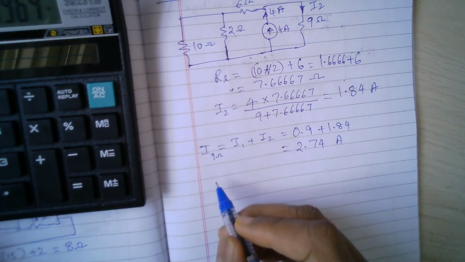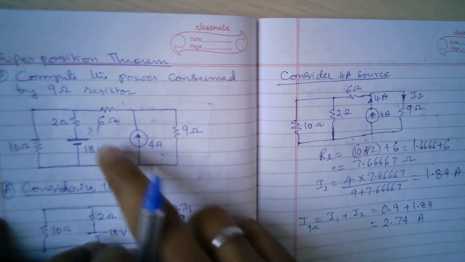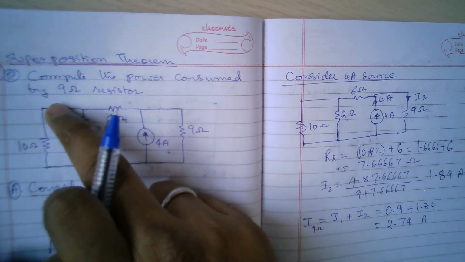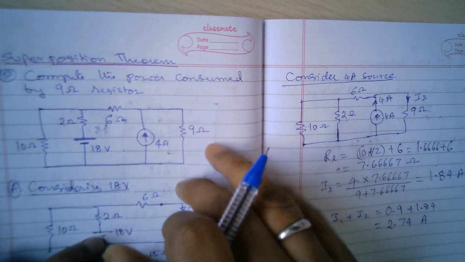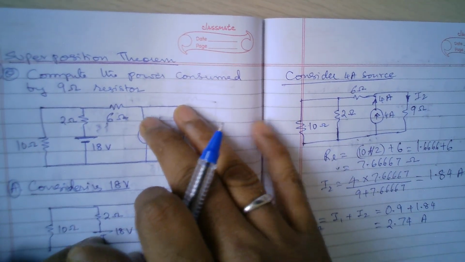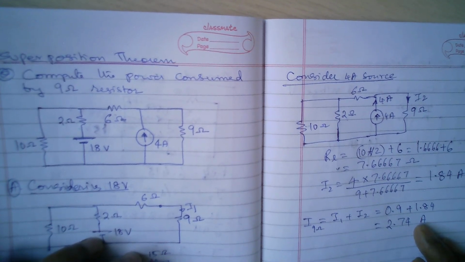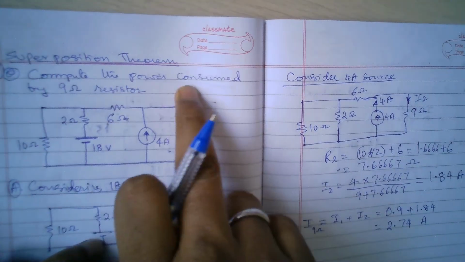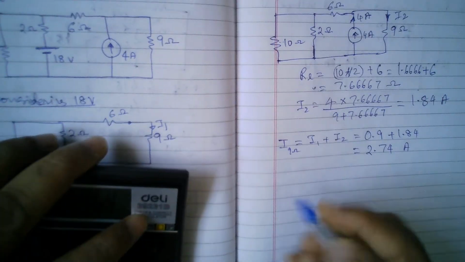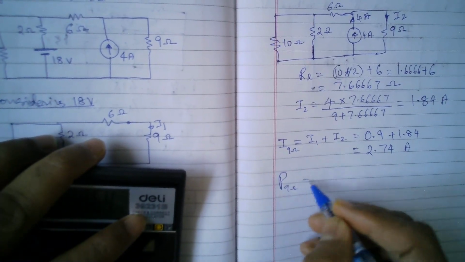Now if you look at the question, it is asking to compute the power consumed by the 9 ohm resistor. Usually students make a mistake here. After finding the current, they stop, so they lose 1 mark or something for the final step of actually finding the power. So what is the power in the 9 ohm resistance?